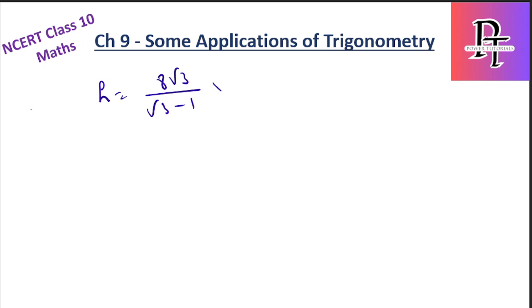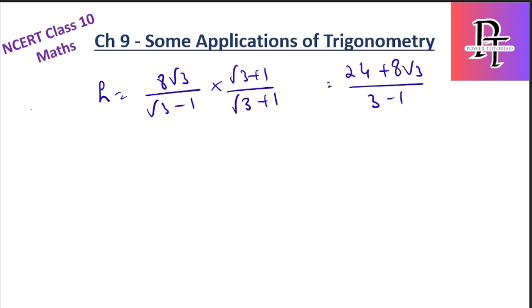So just rationalize it using root 3 plus 1 by root 3 plus 1. So this becomes 8 into root 3 is 24 plus 8 root 3 by 3 minus 1, because it is a minus b into a plus b, which is a square minus b square. So root 3 whole square minus 1 whole square is 3 minus 1. So finally I can write it as 24 plus 8 root 3 by 2.